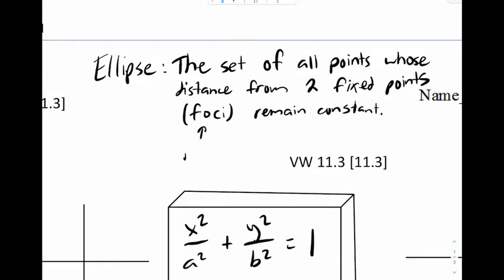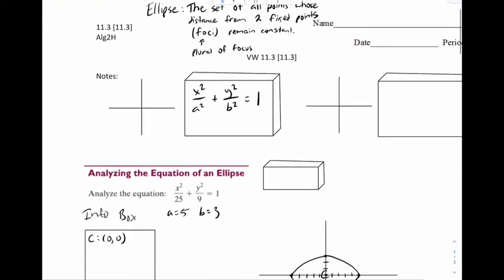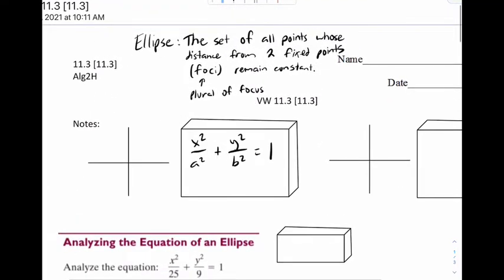And that's going to be the plural of focus. Okay, so to model this, I'm going to show you a video.